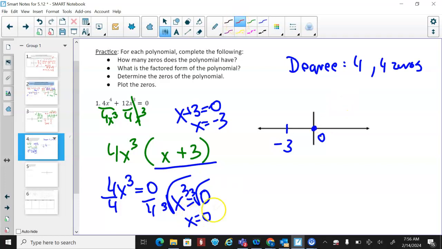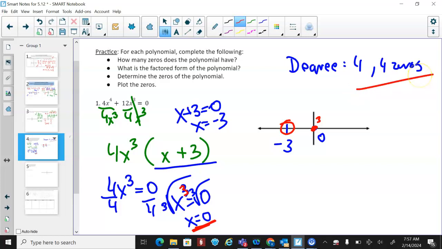So in this solution, which is 0, there are really 3 zeros at the same point. Because this was cubed, that means the solution has 3 of the same answers. So this is 3 zeros, and then this one was 1, so that's why it makes it a 4.